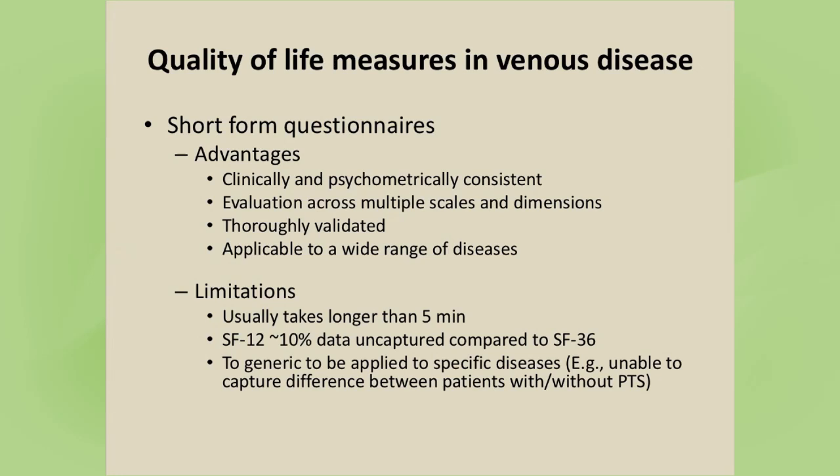Now, SF12 leaves about 10% of data uncaptured. How relevant this uncaptured data is will depend on the type of question that is being answered in the study. And they are generic, and so they really can't be applied to a specific disease. For example, they're unable to capture the difference between patients with and without post-thrombotic syndrome.